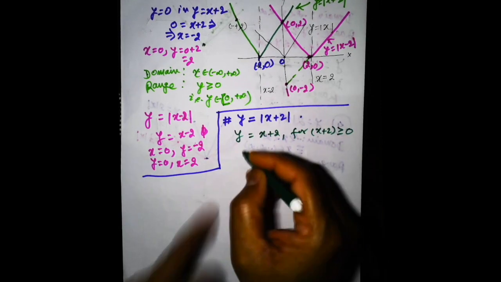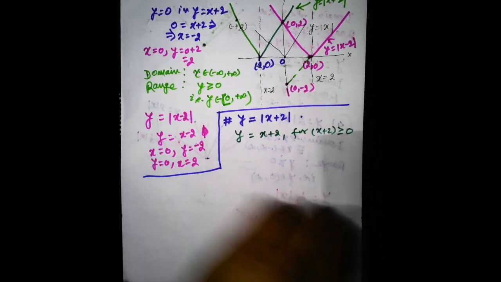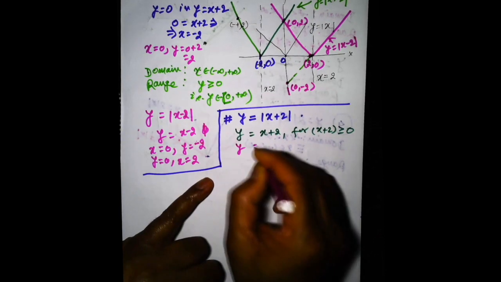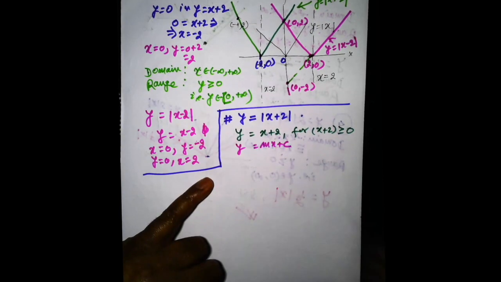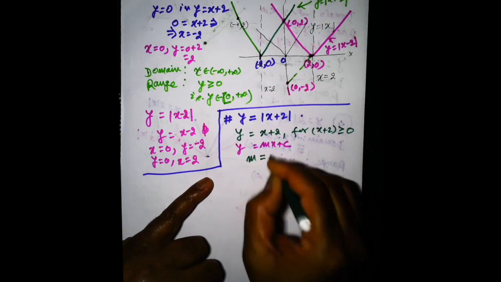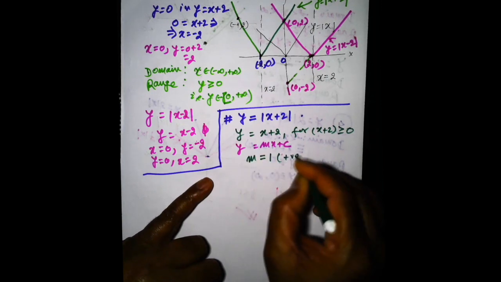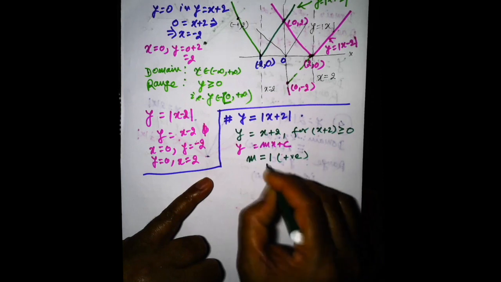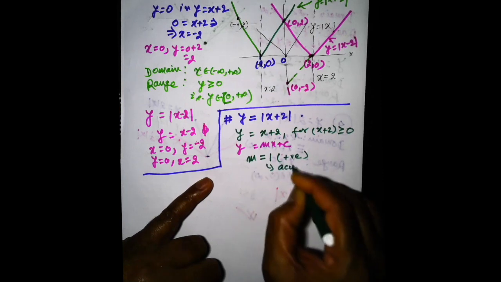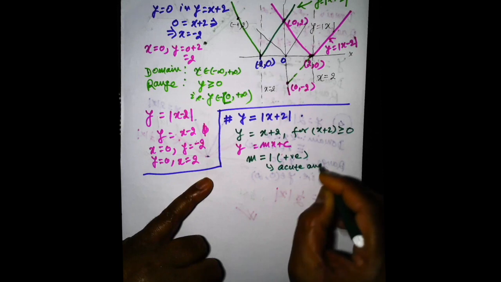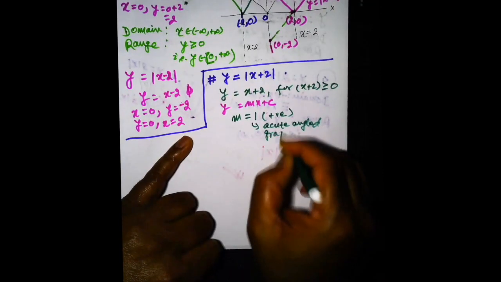Here you can see, if you compare this equation with y equals mx plus c, the m value is 1, that is the positive value 1. So it will give you an acute angled gradient.